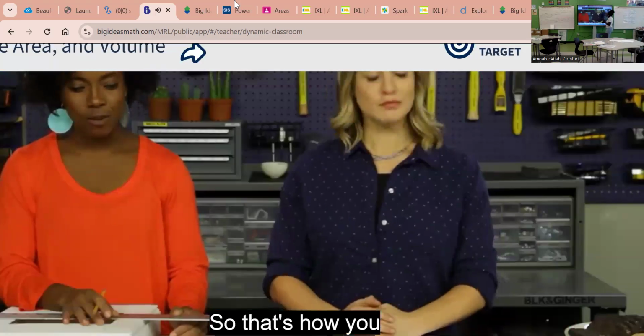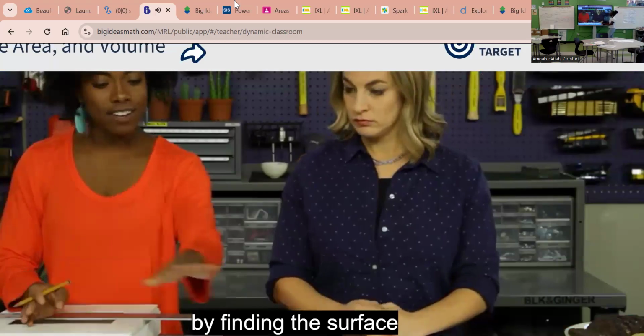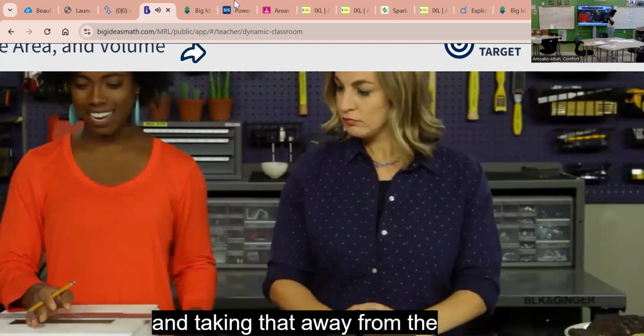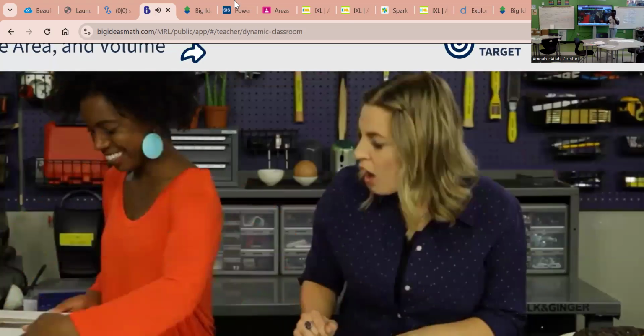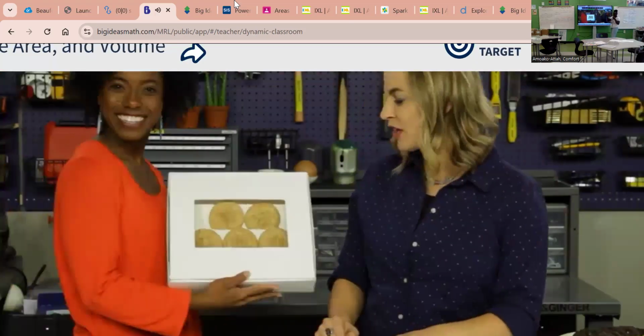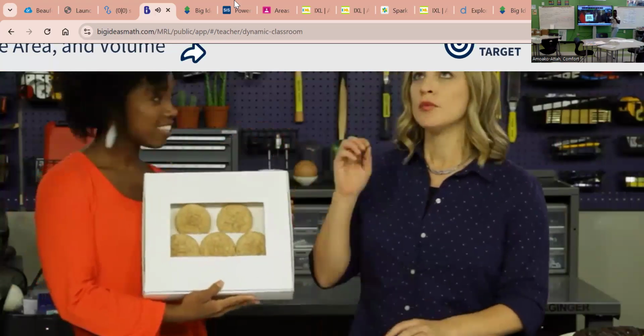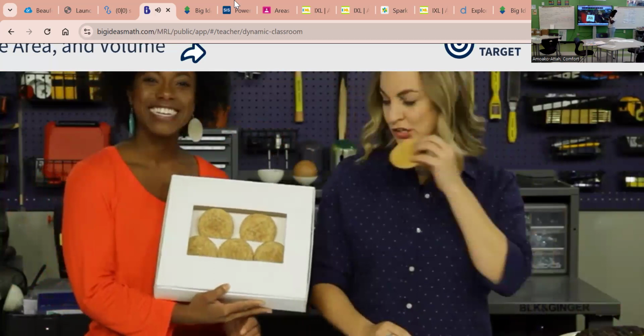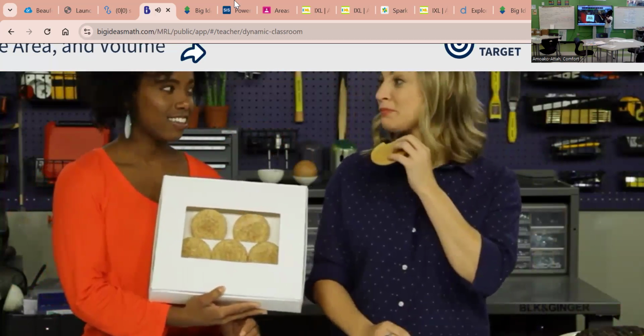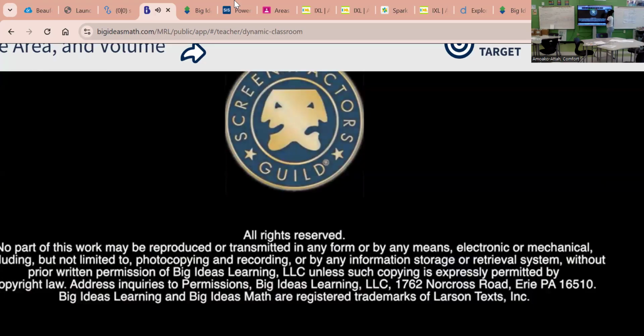So that's how you found the waste, by finding the surface area of the design and taking that away from the rectangle. So how did your design change? How do you wrap the box? So the surface area. Okay. So you want to maybe give this one to someone, but you need to package it well to fit into the box. Right.